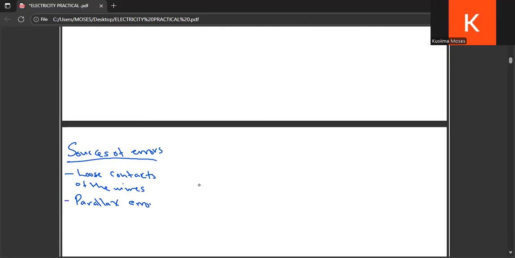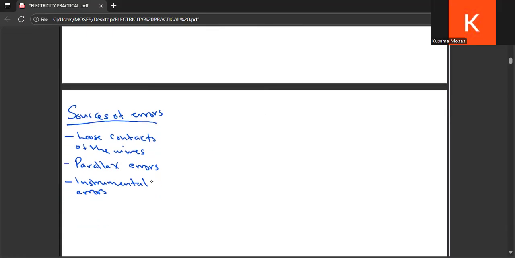Then you can have instrumental errors, the ones that come with the apparatus, these ammeters and voltmeters. Which other error can we talk about here? Maybe if you use long wires, you are increasing resistance.